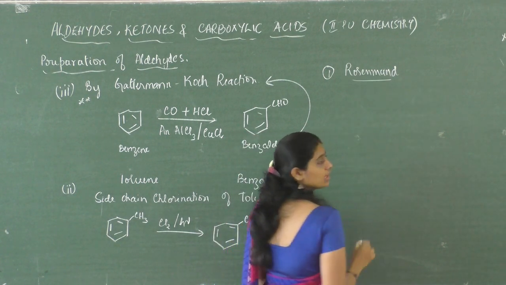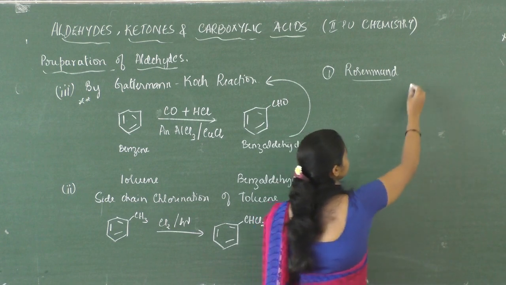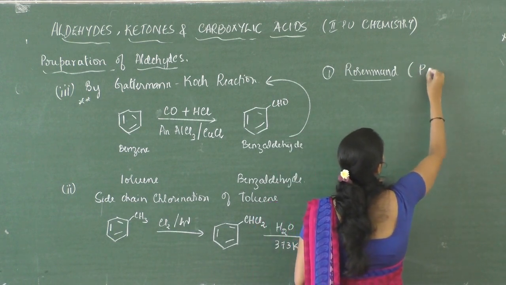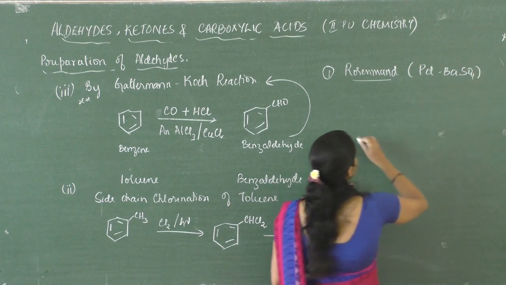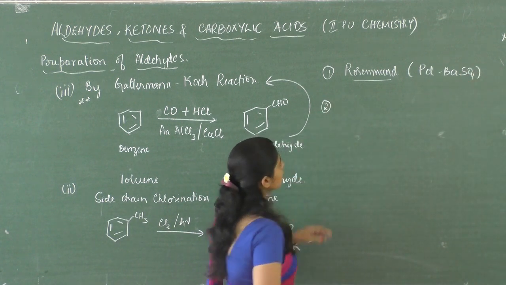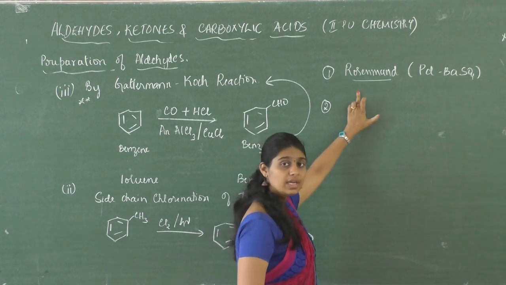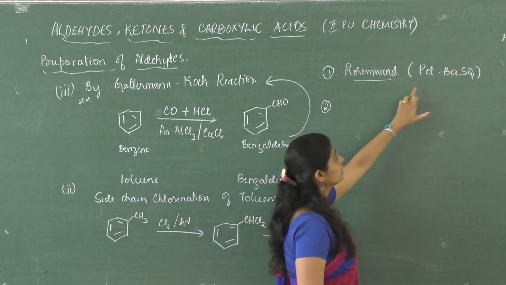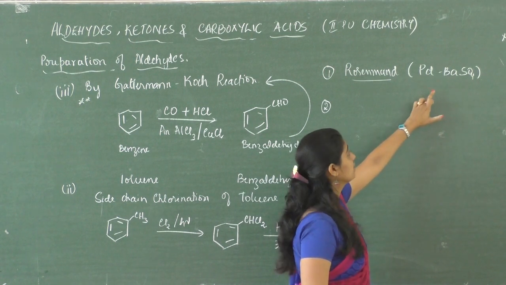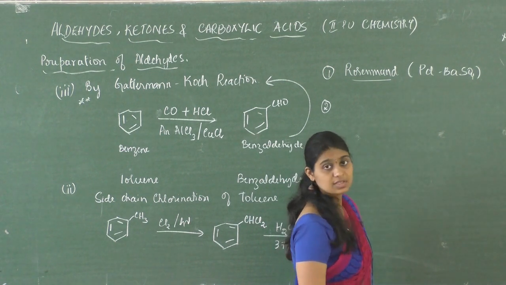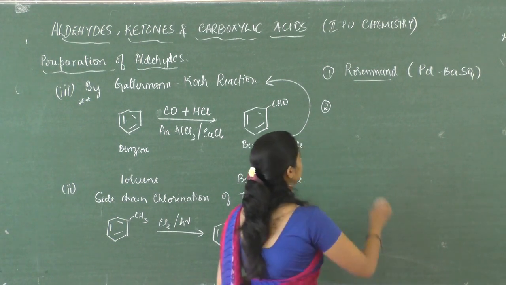For Rosenmund reduction, we are going to use palladium, which is supported over barium sulfate. So in the Rosenmund reduction, acyl chloride is hydrogenated in the presence of a catalyst, palladium on barium sulfate, so as to give the corresponding aldehyde as a product.